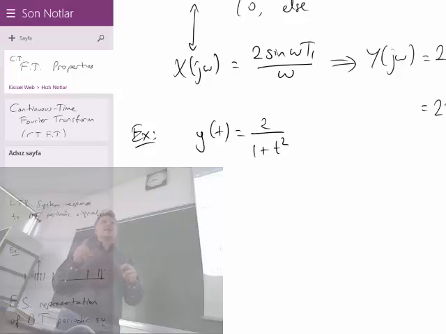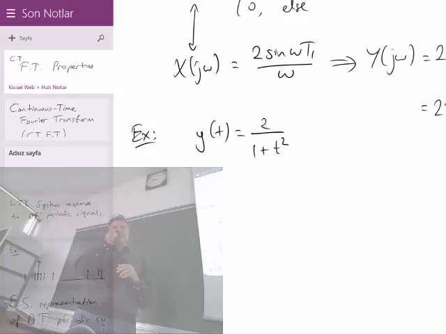So what was the time signal for that Fourier transform? E to the minus a absolute t. Now, let's not do any computations, okay? Then, what will be the Fourier transform of this one? Clearly, that a is equal to 1. Because 2a over a squared plus t squared, for a is equal to 1, it will be 2 over 1 plus t squared.